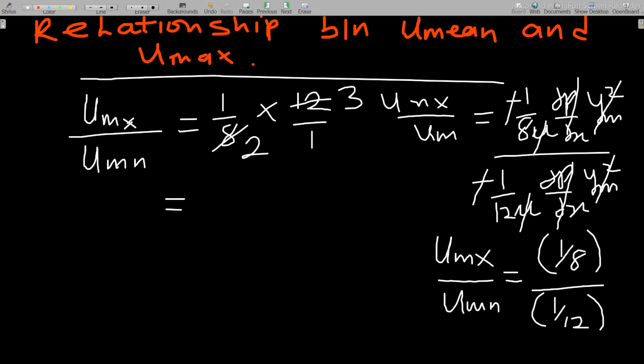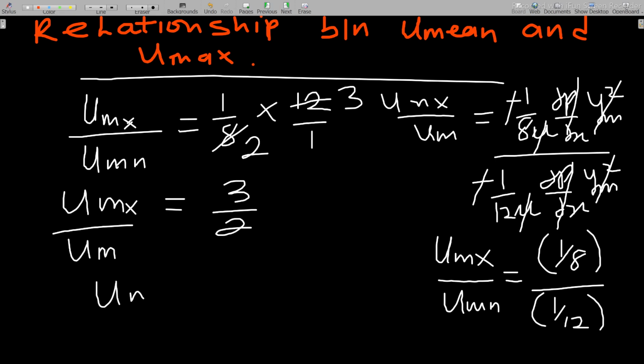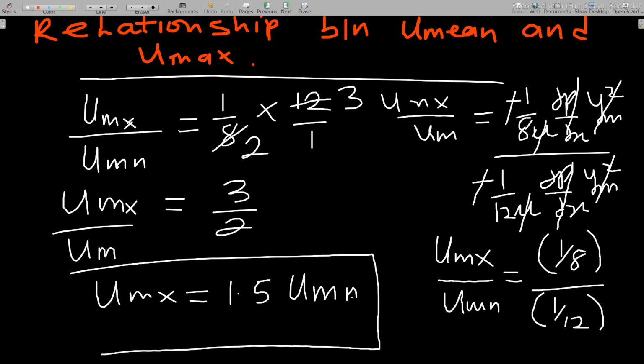So we'll get 3 over 2, which is the same as u max over u mean, meaning u max is equal to 3 over 2, which is the same as 1.5, so 1.5 u mean. So this is the relationship between u max and u mean.